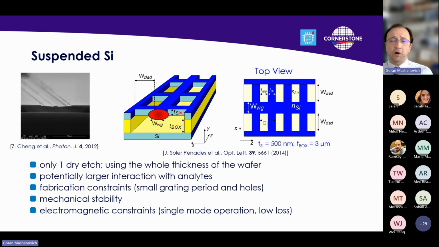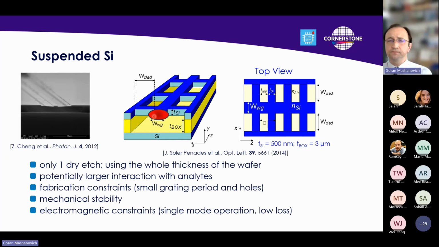And there are now a lot of parameters that we need to take care of. What's the period? We said the period should be small. What's the opening here? What's the hole size? Because if we use liquid etchant, then that liquid should go through that hole and remove the oxide. Of course, we can use vapor etch method, but that's a bit slower.